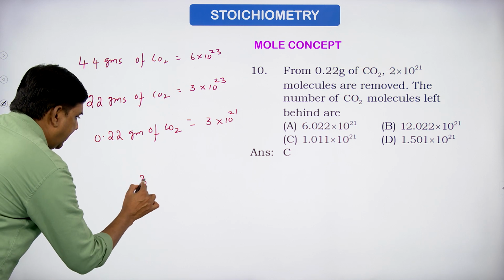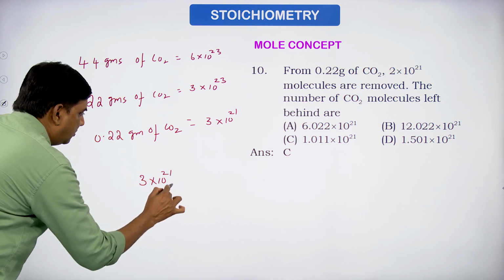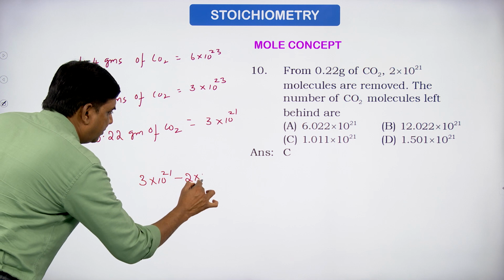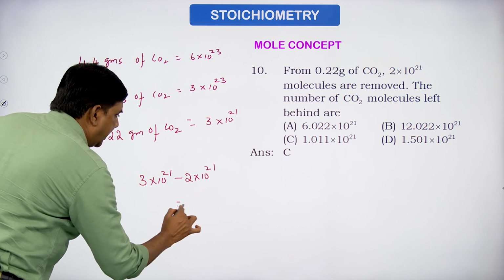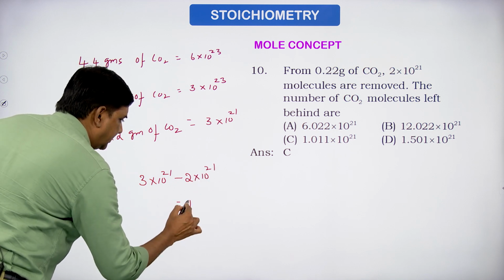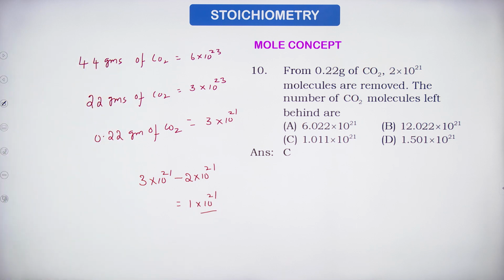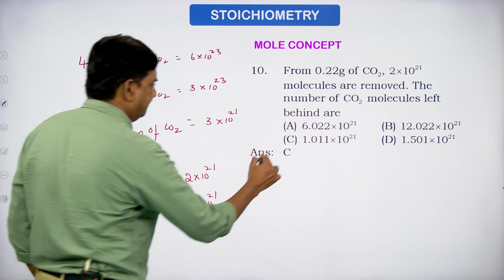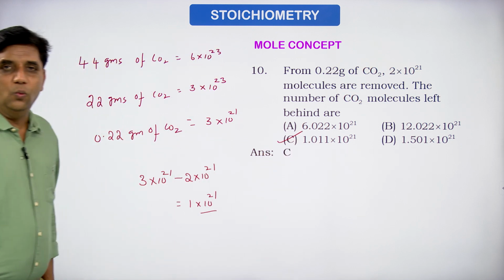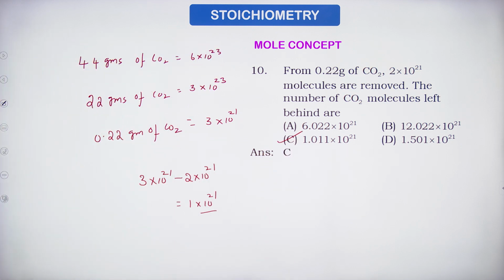So, 3 into 10 power 21 molecules minus 2 into 10 power 21 molecules, and taking 10 power 21 as common, that equals 10 power 21. So the answer would be C, 1 into 10 power 21 molecules.